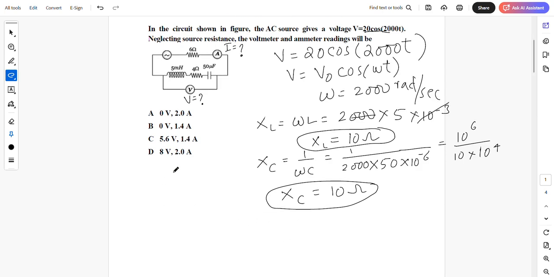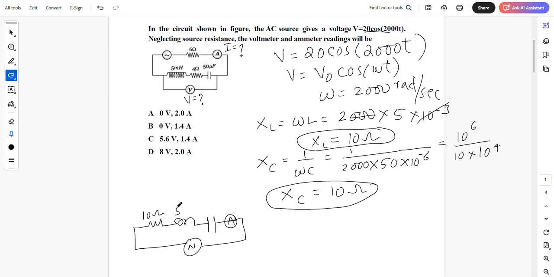See here, in this LCR circuit, first we'll calculate the current, that is the ammeter reading. How much is R? This 6 ohm and this 4 ohm are in series, that is 10 ohm.